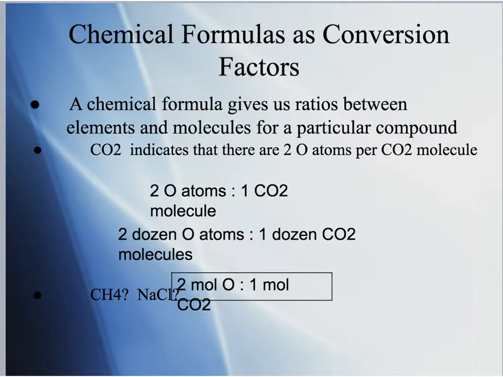All right, so let's see how this works with actual chemicals and chemical formulas. When we're given a chemical formula, it's giving us a ratio between the elements and the molecules for that particular compound. For example, the compound CO2, carbon dioxide, indicates that there are 2 oxygen atoms and 1 carbon atom per CO2 molecule.